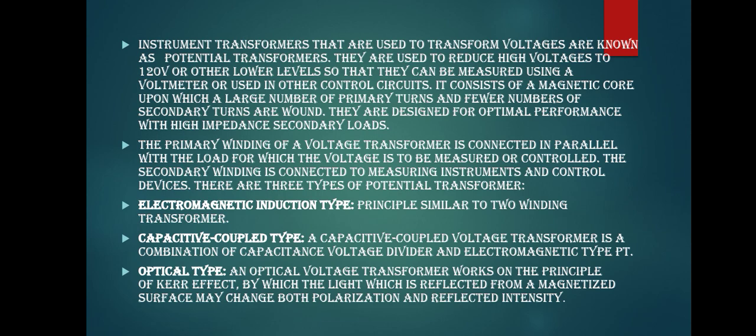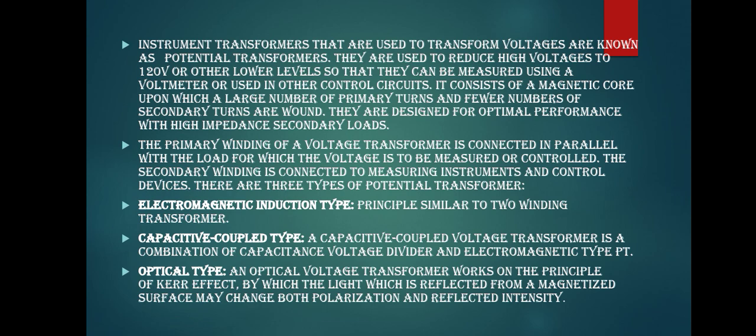Instrument transformers that are used to transform voltage are known as potential transformers. They are used to reduce high voltages to 120 volts or other low levels so that they can be measured using a voltmeter or used in other control circuits. It consists of a magnetic core upon which a large number of primary turns and a fewer number of secondary turns are wound.